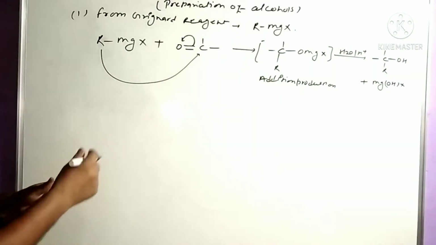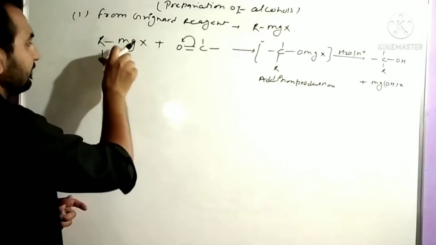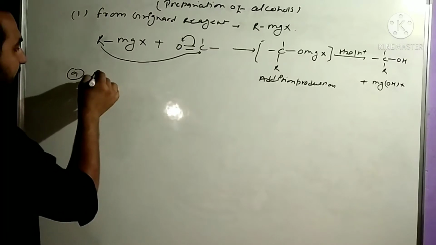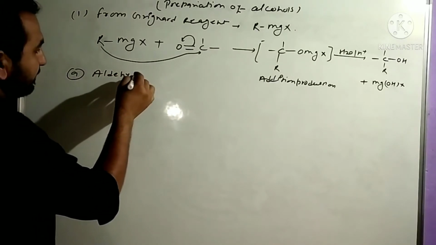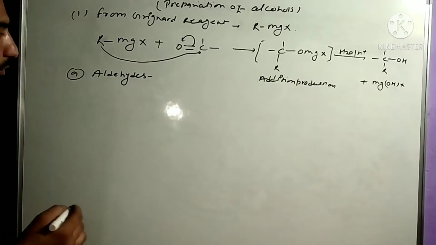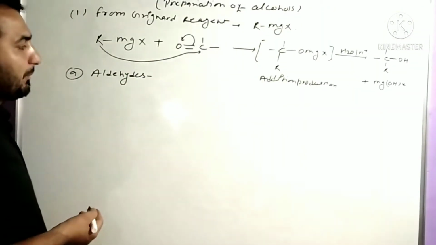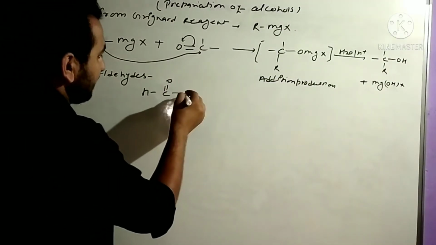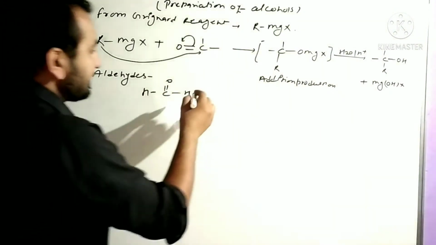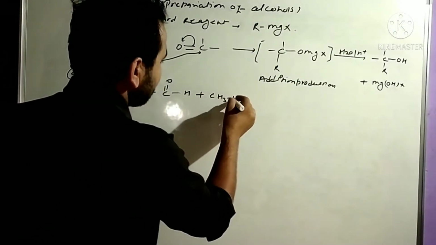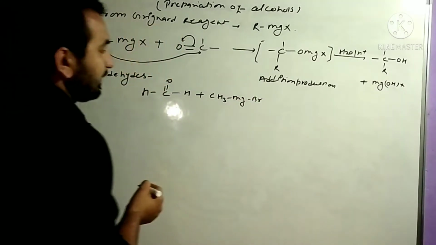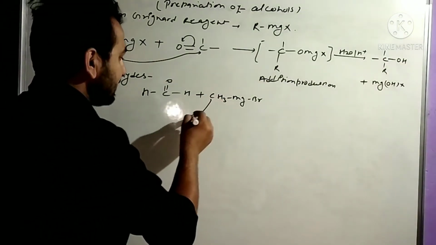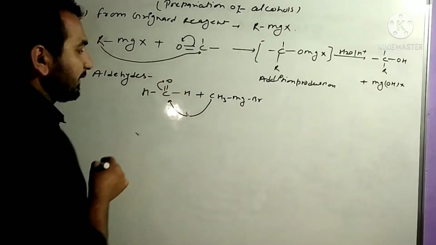So first of all we react aldehydes. The first member of the aldehydes is formaldehyde, HCHO, plus CH3MgBr, methyl magnesium bromide, as the Grignard reagent. Same thing here: this R is attached to the carbon and the electrons go to this side.